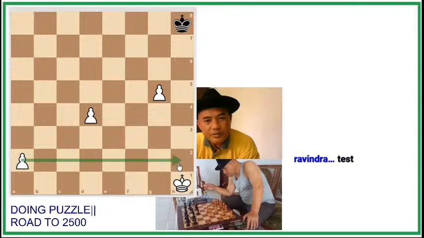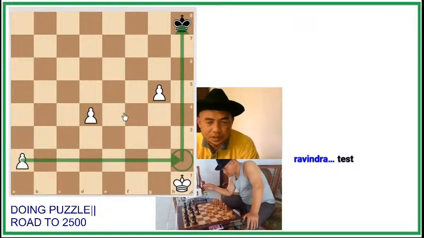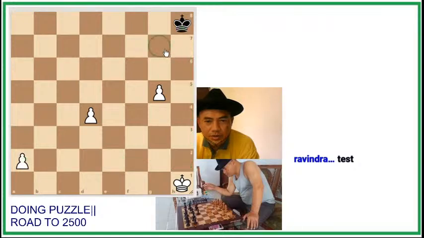And for example, if the pawn is here on h2, whatever, even here or here or here, then the key square is on g4 or g7 or g8.